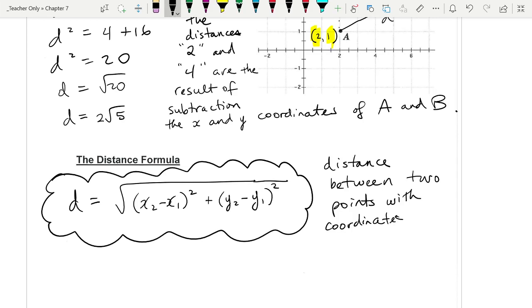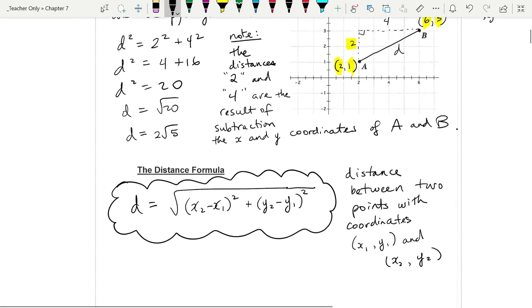Coordinates x1, y1, and x2, y2. And again, those 1s and 2s just are saying first x point, second x point. So take a look. Let me just shrink this a bit so you can see both my notes and the example at the same time.